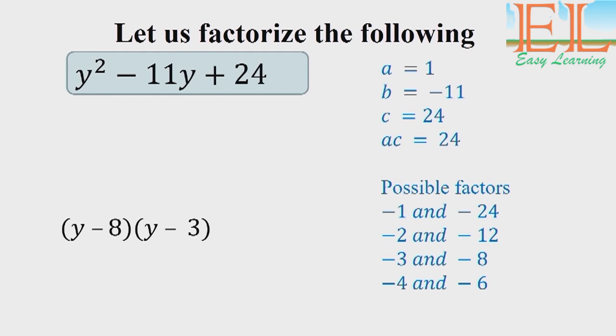Why are we saying negatives? AC is positive. And so, to get a positive answer, either both factors must be negative or both factors must be positive.